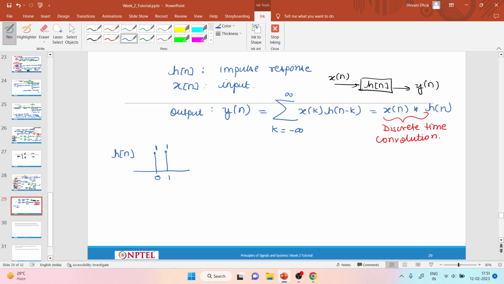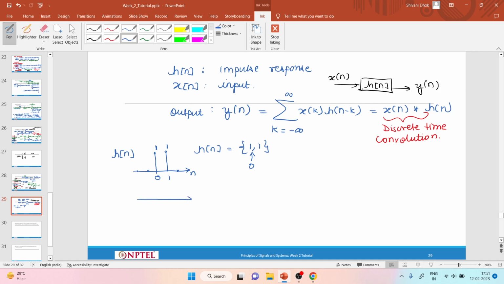So this h of n can simply be represented as 1 comma 1, and to indicate the position of 0 we can write it like this. For other values of n it is 0. So we can write h of n as the sequence 1 comma 1, with an up arrow just below h of 0 indicating the index 0.